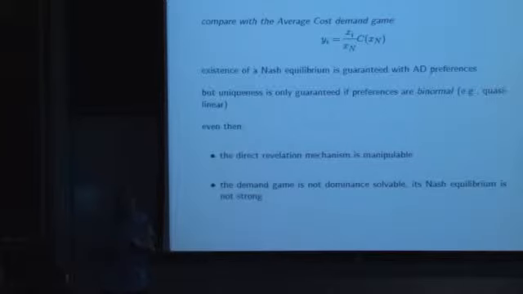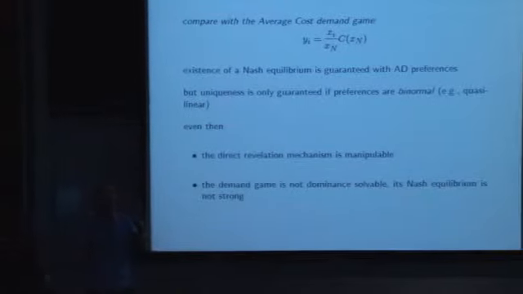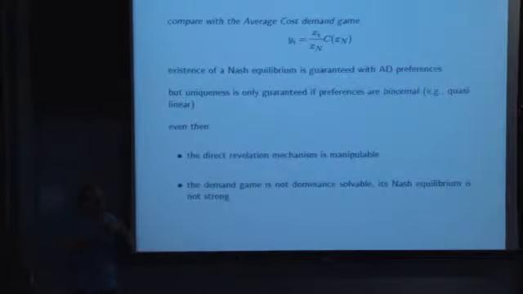So even if you say, okay, let's use the average cost mechanism, let's assume that utilities are quasi-linear, therefore I know that the average cost game has a unique equilibrium, so I can look at that equilibrium as a revelation mechanism. Give me your quasi-linear utility, I implement this equilibrium. That is manipulable.